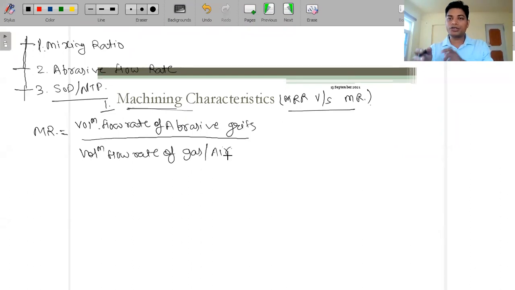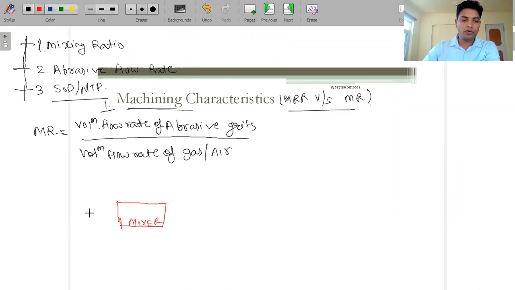The mixing is done in the mixer only. So this is a mixer. From this side the air is coming, and from this side the abrasive particles, or abrasive grits, are coming.